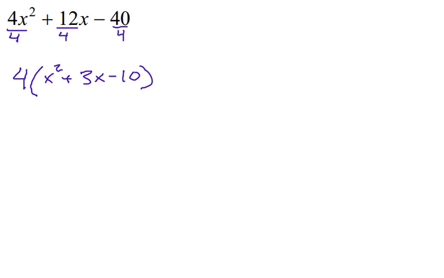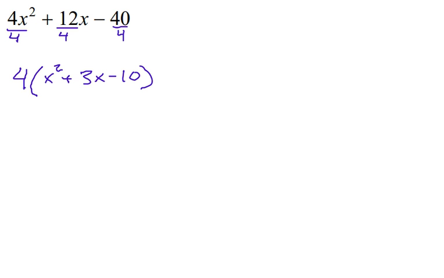Without the 4, we've changed this expression. But as it is right now, all we've done is pull out a factor, and we've shown the factor that we pulled out. So always leave it there. Because if I multiply 4 by x squared, I get back to that. 4 times 3x, I get back to 12x, and so on.